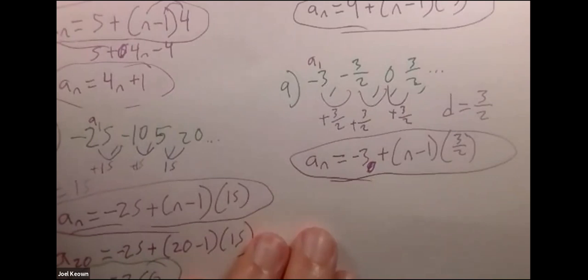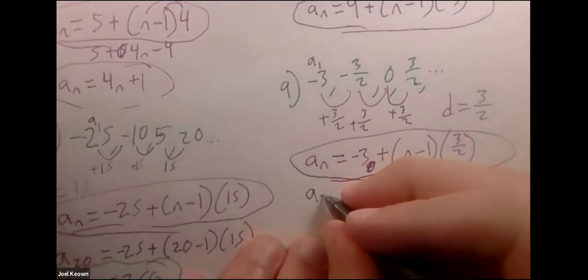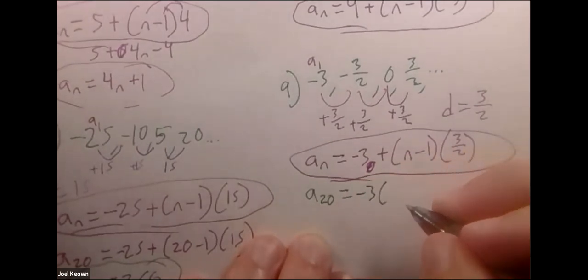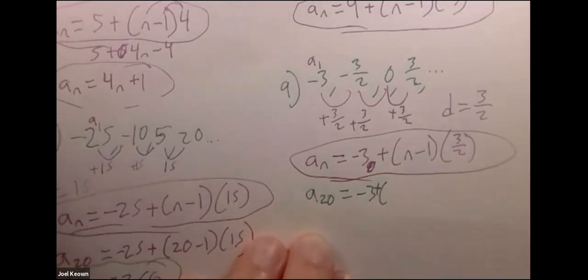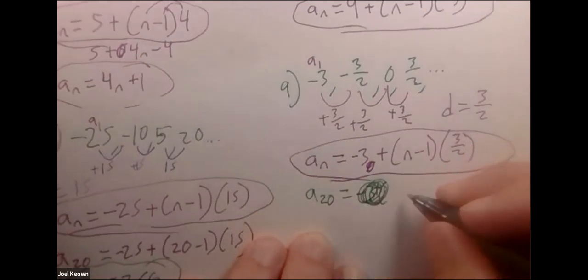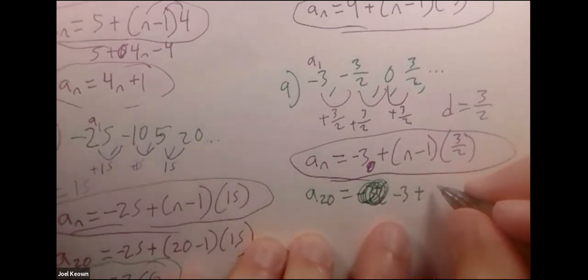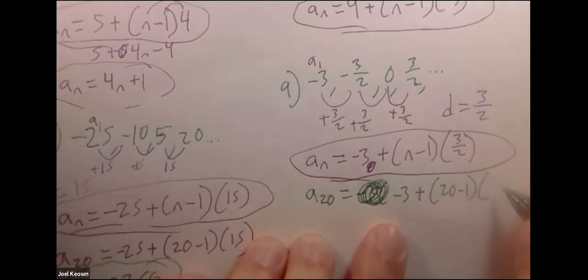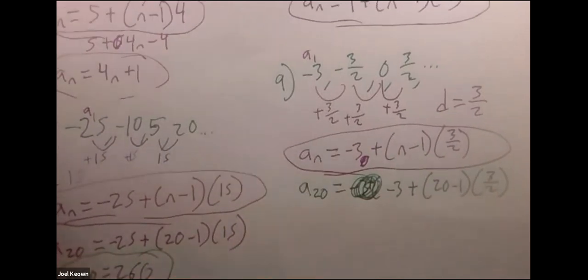And then I need to find the 20th term, a sub 20. Negative 3 plus 20 minus 1 times 3 over 2.